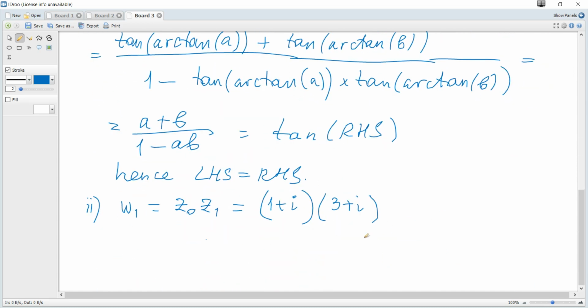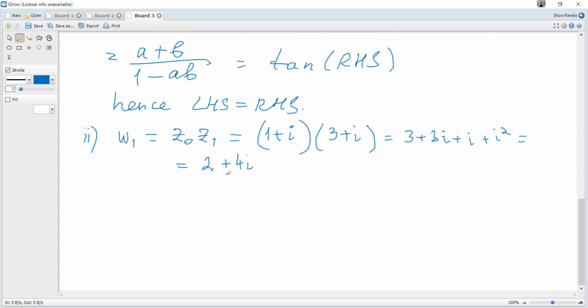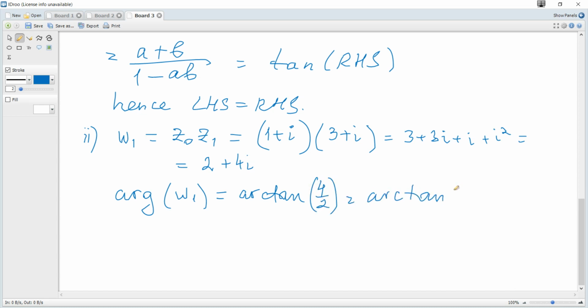The first way is just to simplify it. Let's expand it. It becomes 3 plus 3i plus i squared, which is minus 1, so it becomes 2 plus 4i, and it's the first quadrant again, and similarly the argument of w_1 is just arctangent of y over x. It's 4 over 2, arctangent of 2 as required.